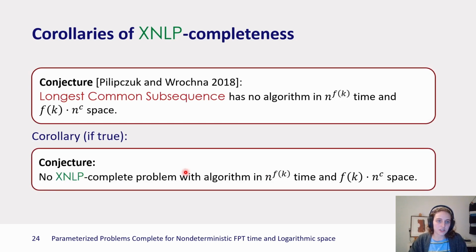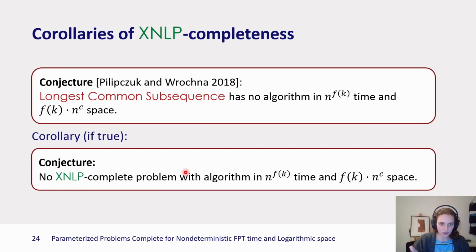And then there might be another one, I should say. There's a conjecture by Filipsuk and Bruchner in 2018. They said that longest common subsequence has no algorithm that runs in n^f(k) time, so that's XP time, and f(k) n^c space.